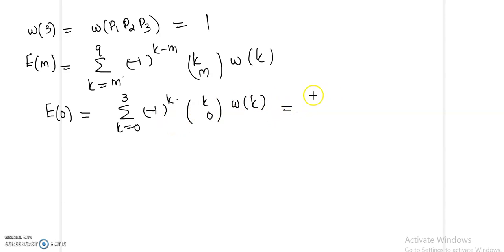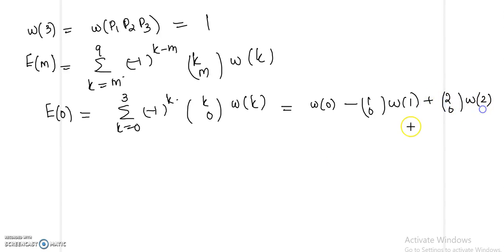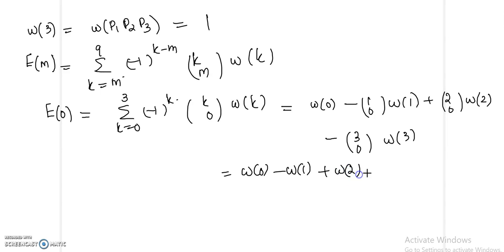So when k is 0, you will get 0C0, that is 1, omega of 0, minus 1C0 into omega of 1, plus 2C0 omega of 2, minus 3C0 omega of 3. So E of 0 will be omega of 0 minus omega of 1 plus omega of 2 minus omega of 3.